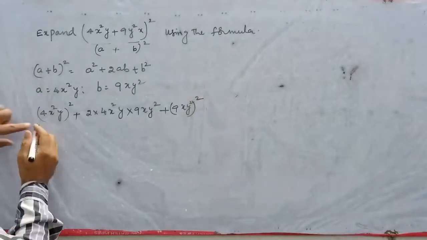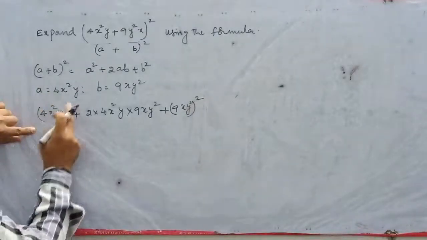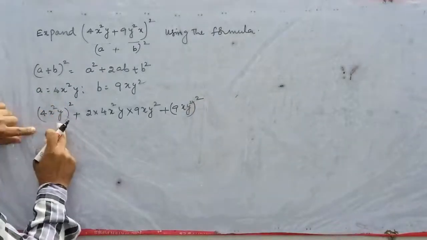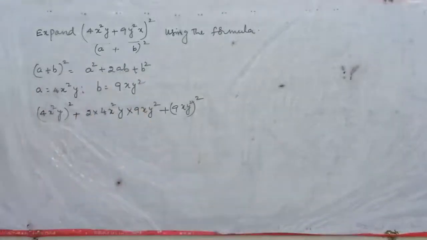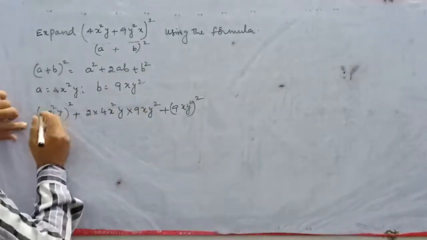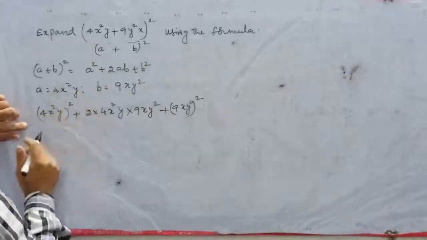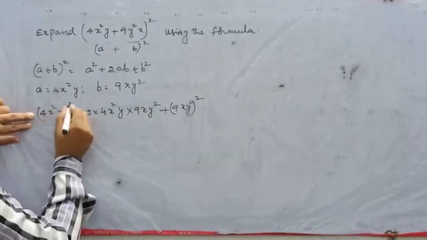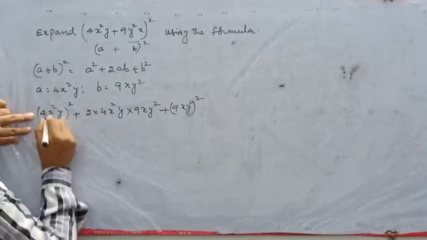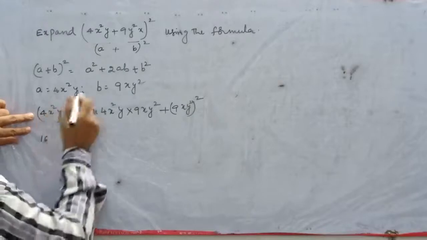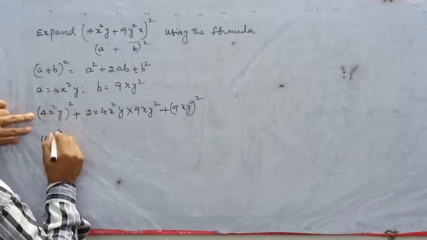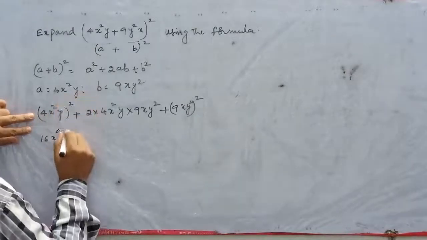Now first one, (4x square y) whole square. So A square can be written as A into A, or otherwise we can expand directly. So 4 square is 16. (x square) whole square is x to the power of 4. (y) whole square is y square.